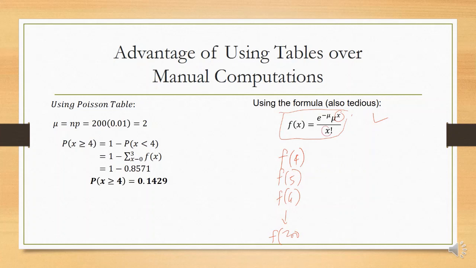And then you will get yung ating 0.1429. So, the same, no? It's very tedious. Kahit na binomial or Poisson table, Poisson distribution ang gagamitin natin. So, this part explains why there is an advantage of using the tables over yung manual computations natin. Kasi it will make our solution easier.